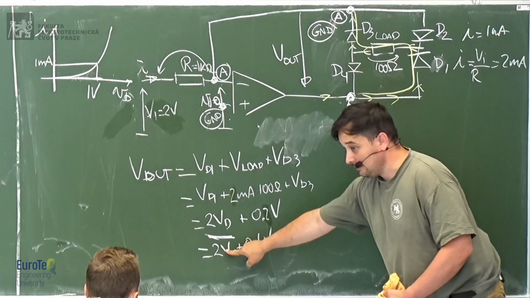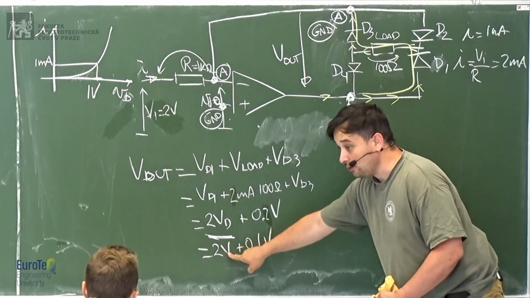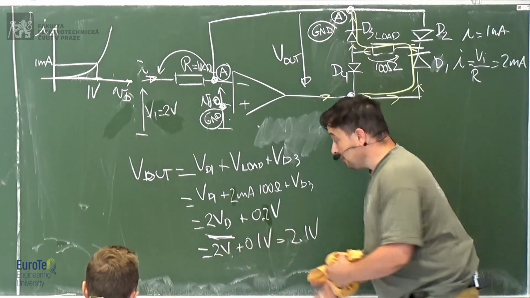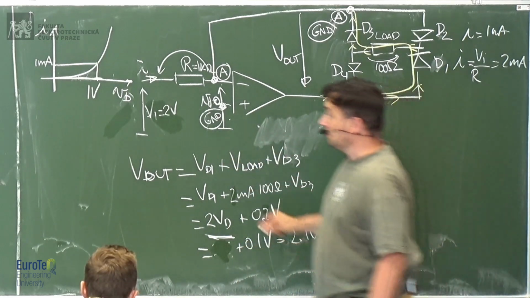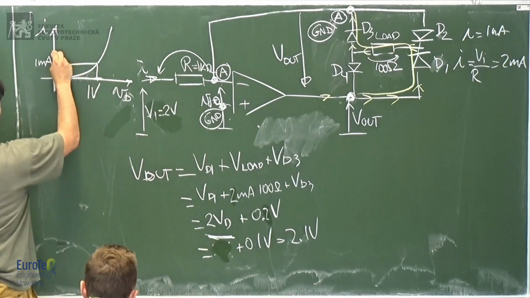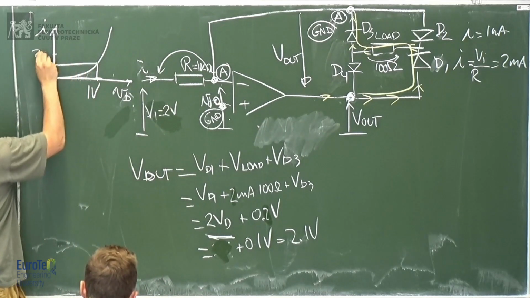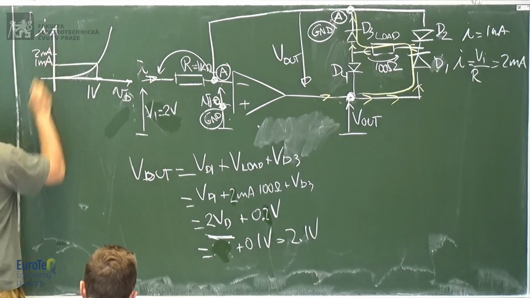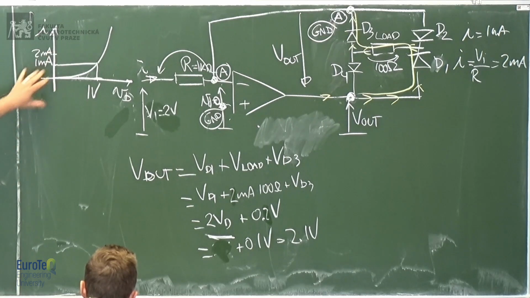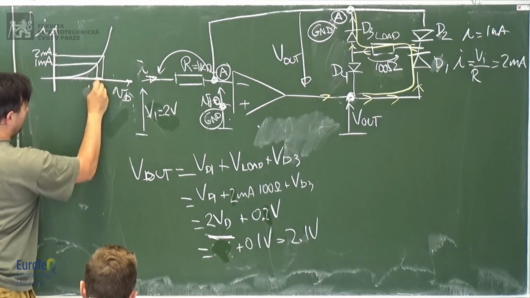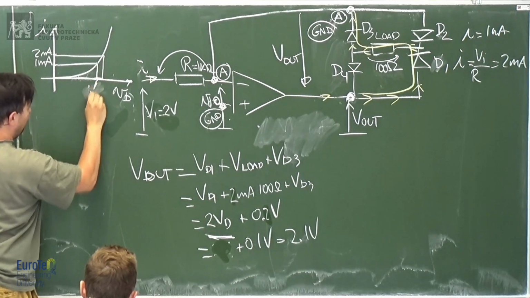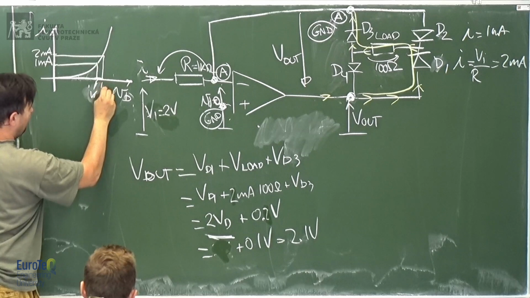But then, be careful. Now we have to watch the diode. What's the voltage of the diode for 2 milliamps? Let's say, in our imaginary diode, 2 milliamps is obtained at not 1 volt, as it did before, but at something like 1.2.